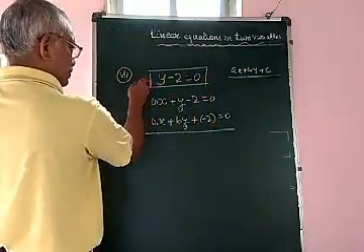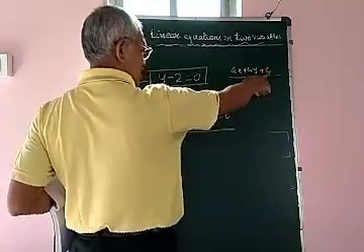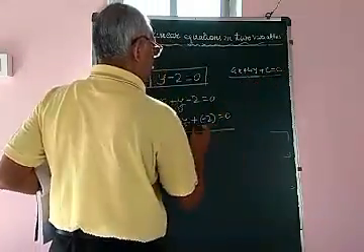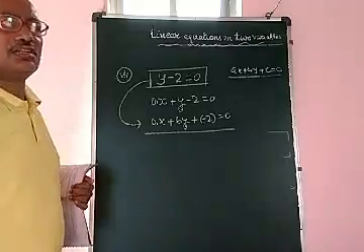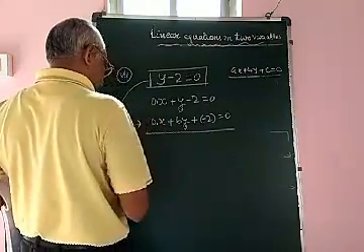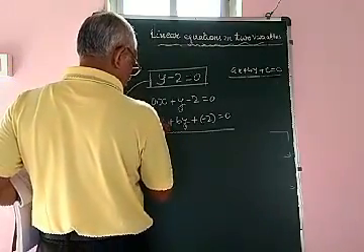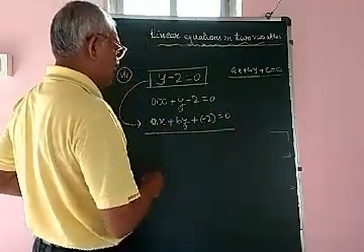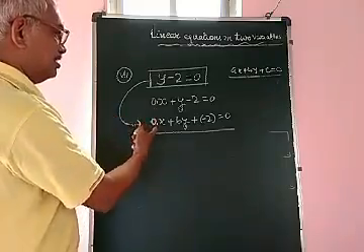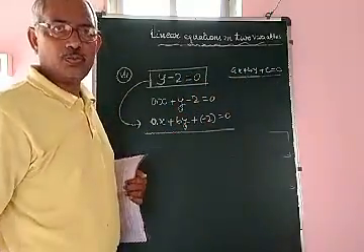We can express this equation in the form of ax + by + c = 0, but this is not a linear equation in two variables. But in your book it is given to express it in this form, so we can express it in this form.